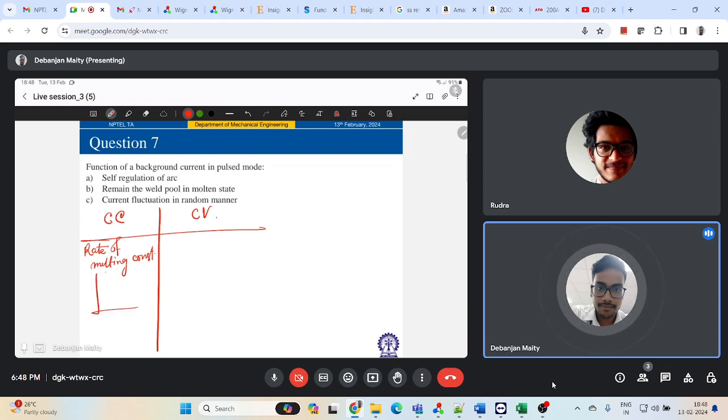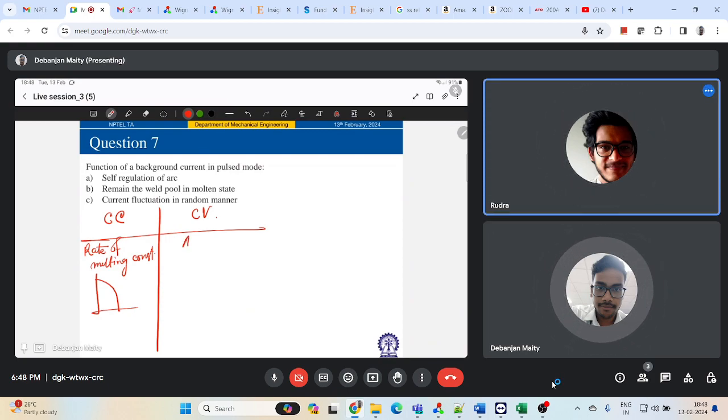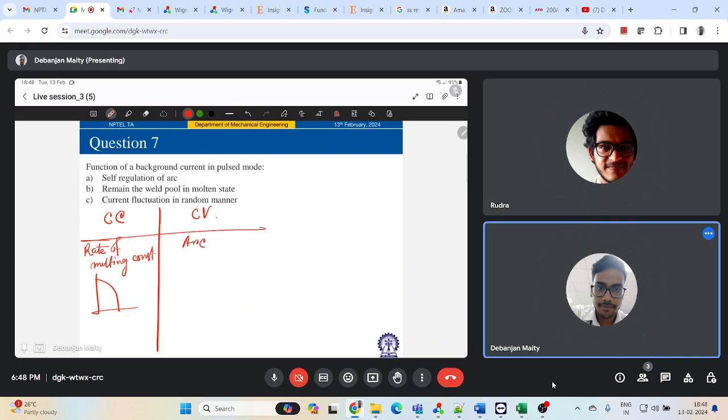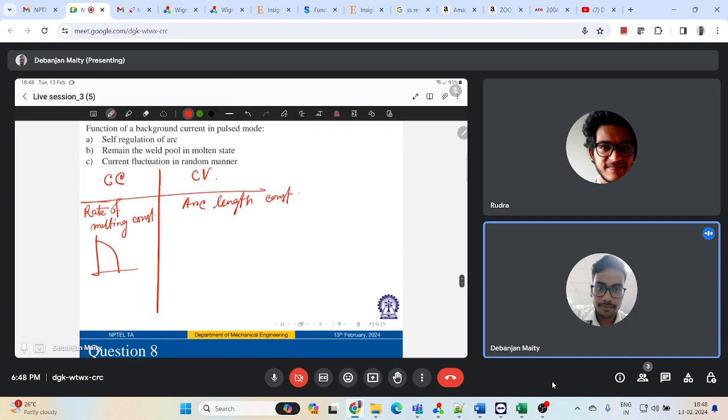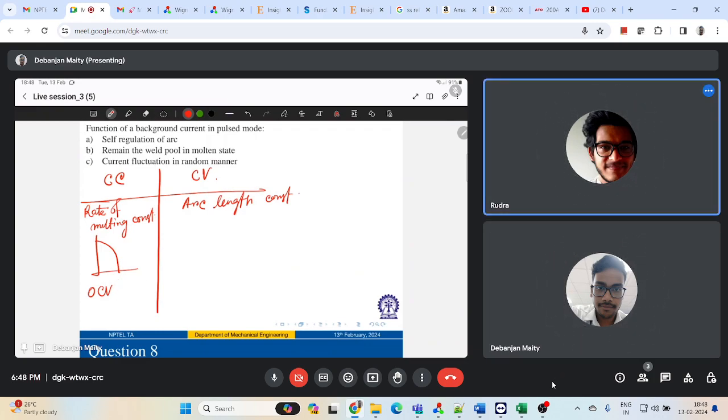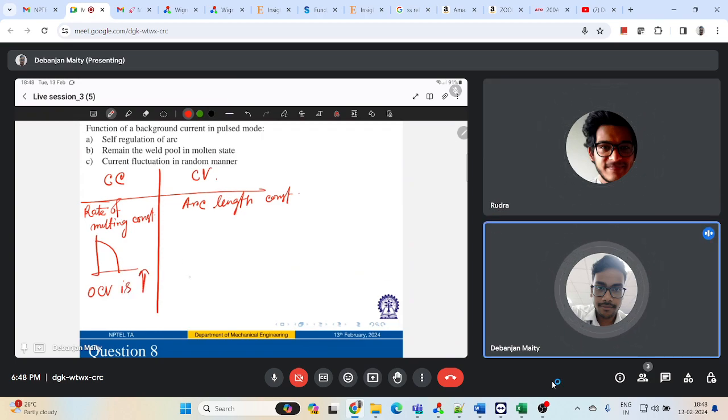The characteristic will be sharply drooping in nature. Over here, your arc length will remain constant, or constant voltage. Then you will have this OCV, which is higher than the constant voltage OCV.